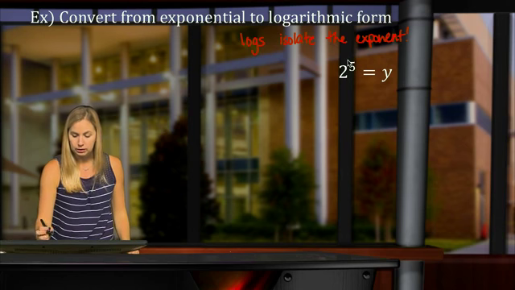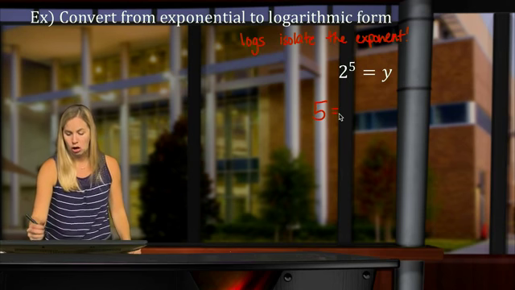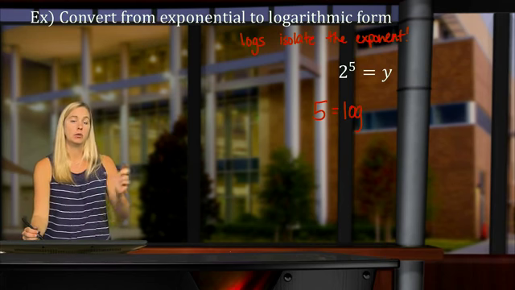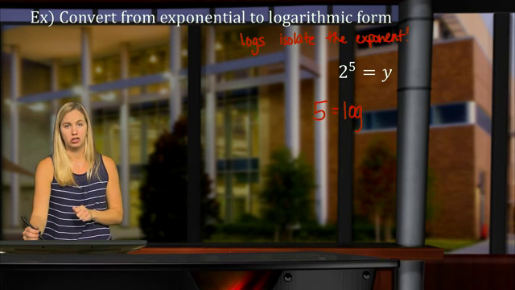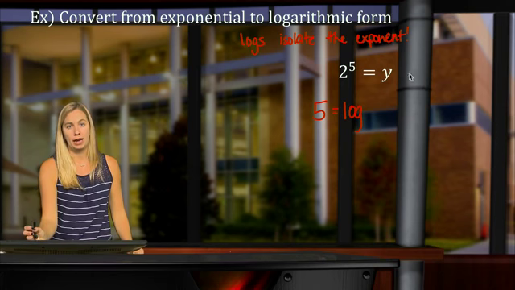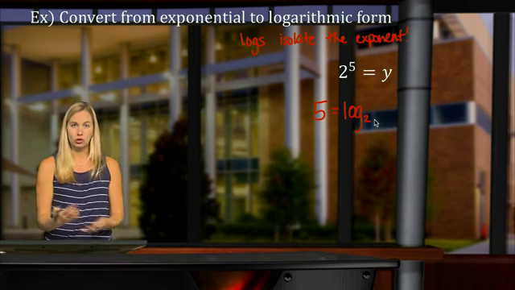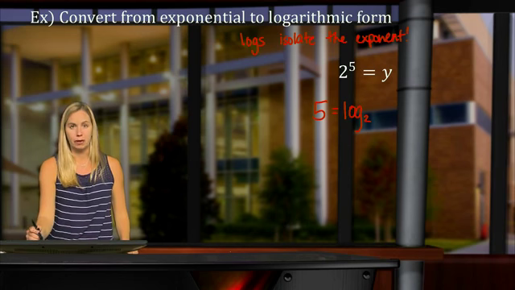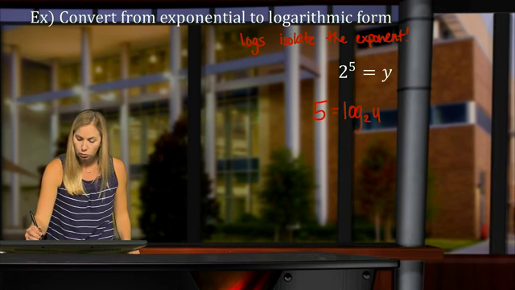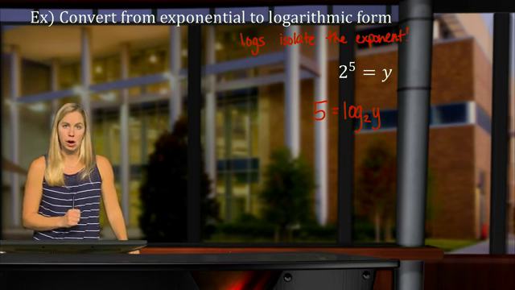Our exponent is what's going to be by itself. Now, when we convert to a log, we've got log, and then we've got a specific base. If you remember that equivalent statement, the base of our exponential is equal to the base of our logarithm. So what's the base of my exponential equation? It is 2. And now there's only one thing left. I need the argument for my log, and the only piece that I haven't used for my exponential equation is y. So it's 5 equals log base 2 of y.